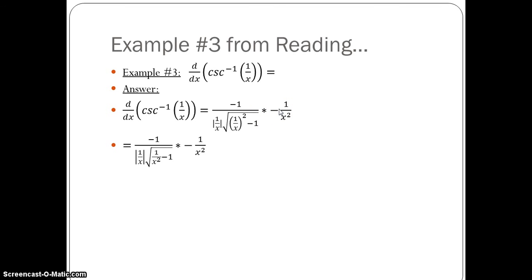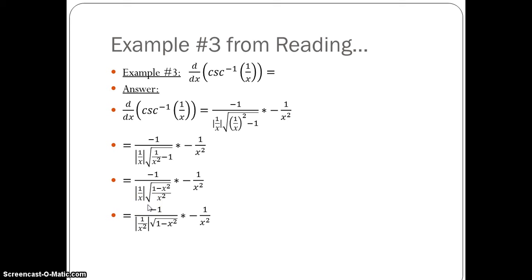Now, just so I can show you how you might simplify the algebra, we can multiply by the 1 over x squared and end up with negative 1 over absolute value of 1 over x times the square root of 1 over x squared minus 1, all times negative 1 over x squared. Find a common denominator. Inside that square root, we end up getting 1 minus x squared over x squared.